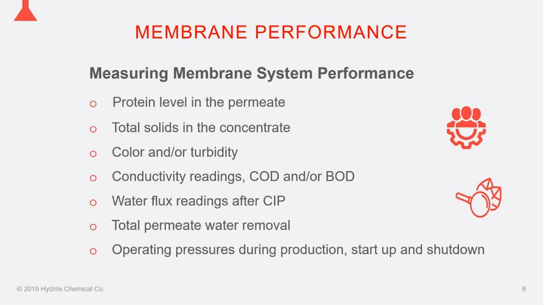They'll be looking at conductivity. Some of them measure BOD or COD. Lots of them measure clean water flux after CIP, that's an indicator that they may come to you and say, hey, I notice our flux isn't where it used to be. Operating pressures, those are the things they'll be looking at as well. Hey, how does the machine run, and is it pressuring out sooner than it used to?